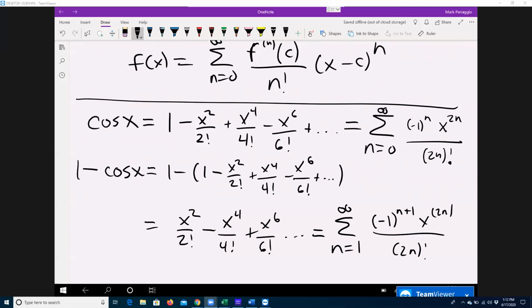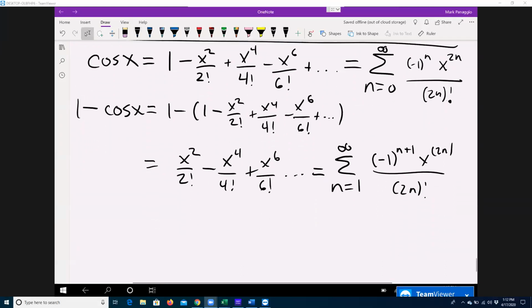Looks a lot like the series for cosine of x. And now if we want to find the series for 1 minus cosine of x over x, all that we need to do is divide that by x, or multiply by 1 over x.